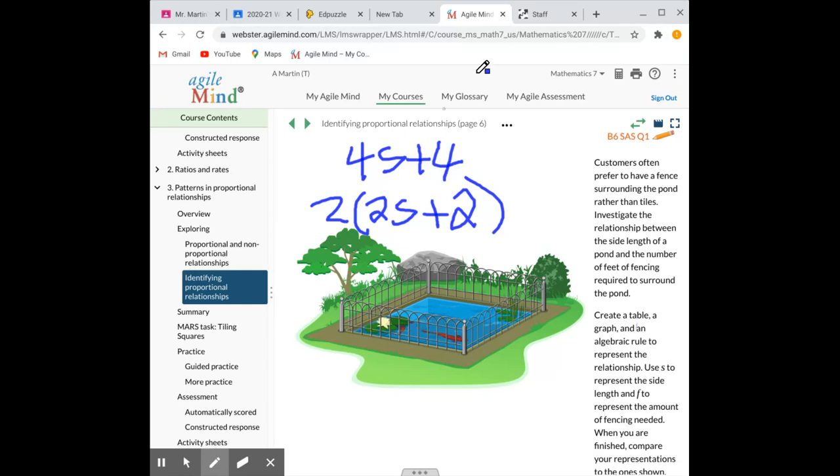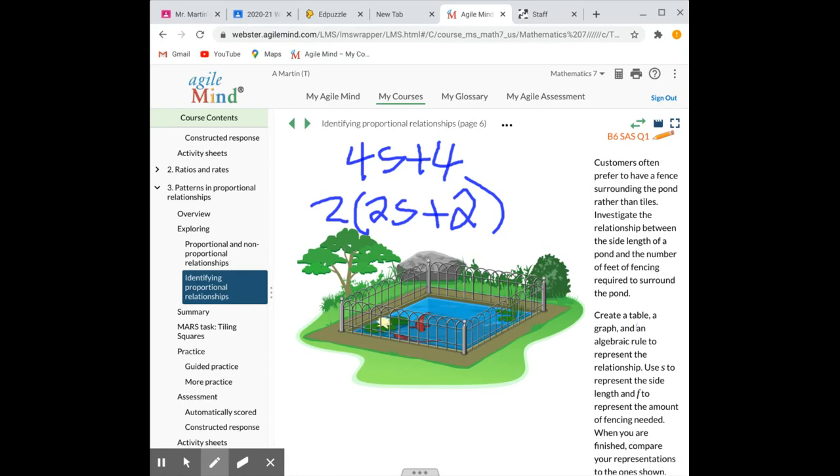It was a property that allowed you to multiply 2 by everything inside of the parentheses. Started with a D. Good job. The distributive property. Great job.